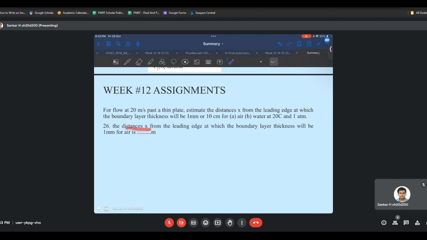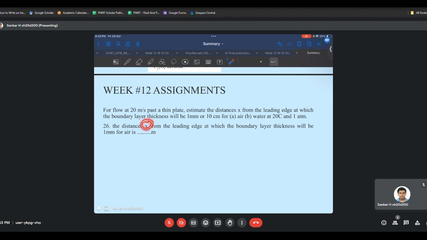So first we have to identify, for a flow past a thin plate at 20 meters per second, the distance x from the leading edge at which the boundary layer thickness will be 1 millimeter or 10 centimeters for air and water. So there are 6 or 9 questions in total. It's very straightforward. I'll just do the first 3 and I hope you'll be able to figure it out.